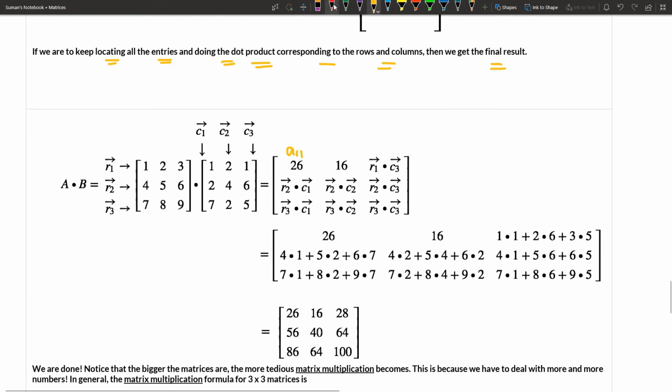Here the first one is A11, that is first row, first column, R1 C1. The second one is our A12, first row, second column, R1 C2.